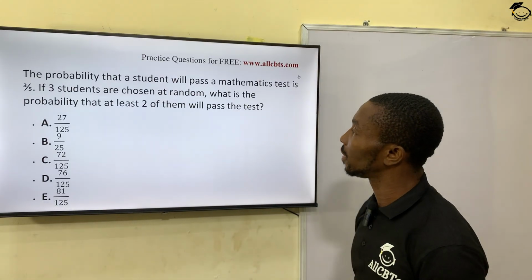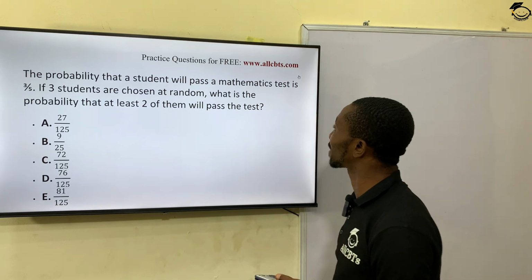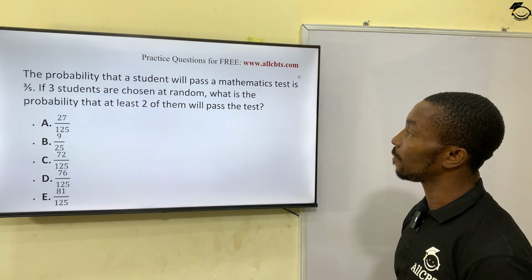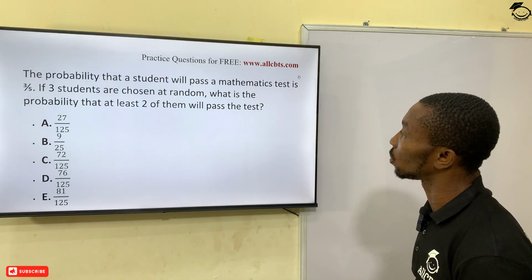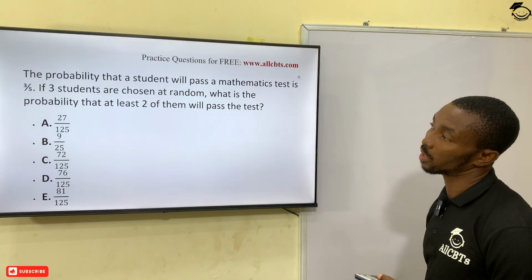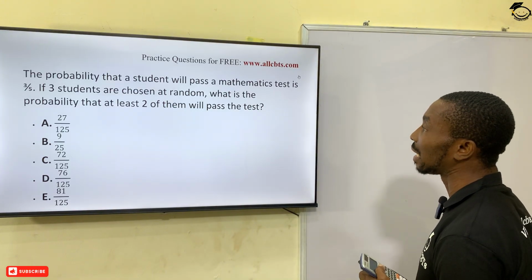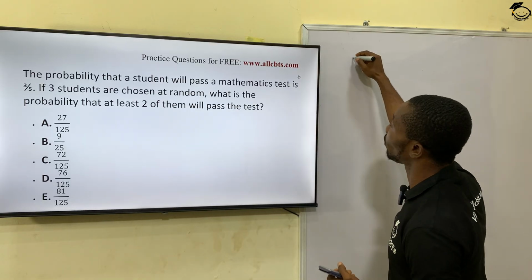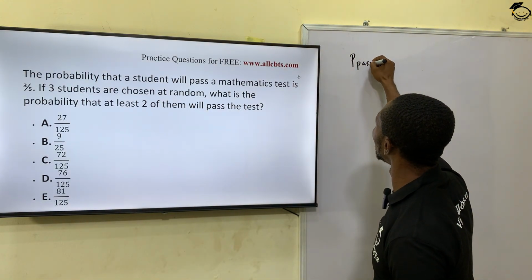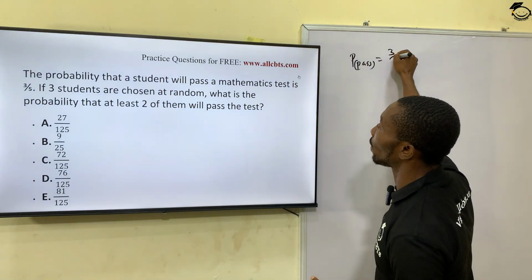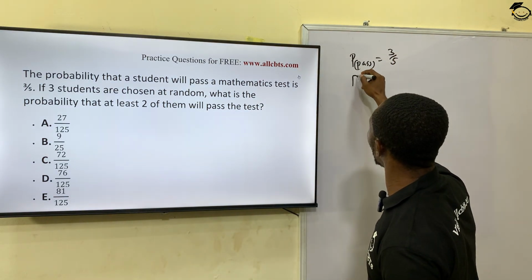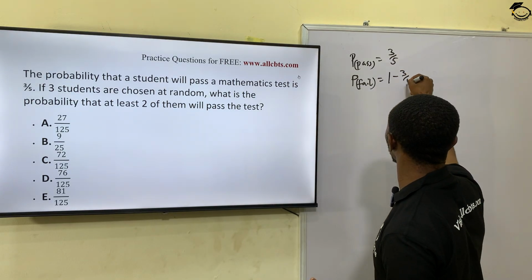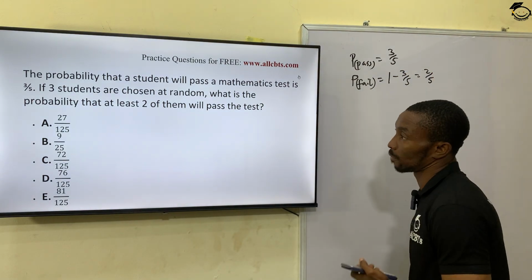The probability that a student will pass a mathematics test is 3 over 5. If 3 students are chosen at random, what is the probability that at least 2 of them will pass the test? Now, let's look at it. We have the probability of pass given as 3 over 5. That means the probability of fail will be 1 minus 3 over 5, which is 2 over 5.